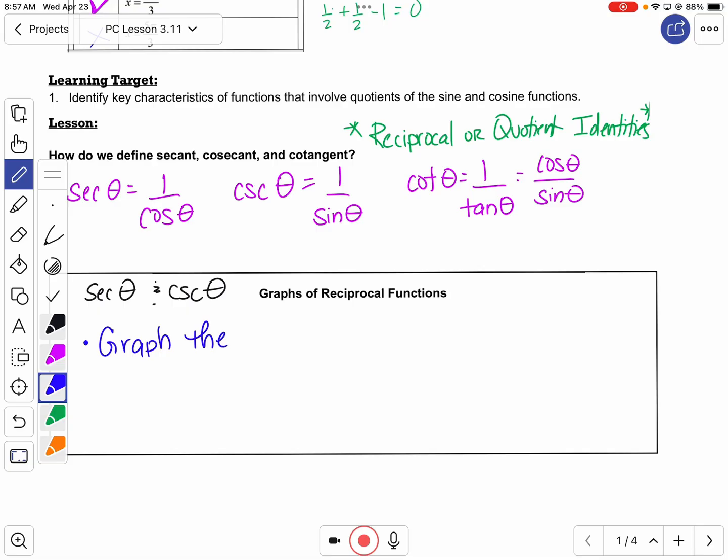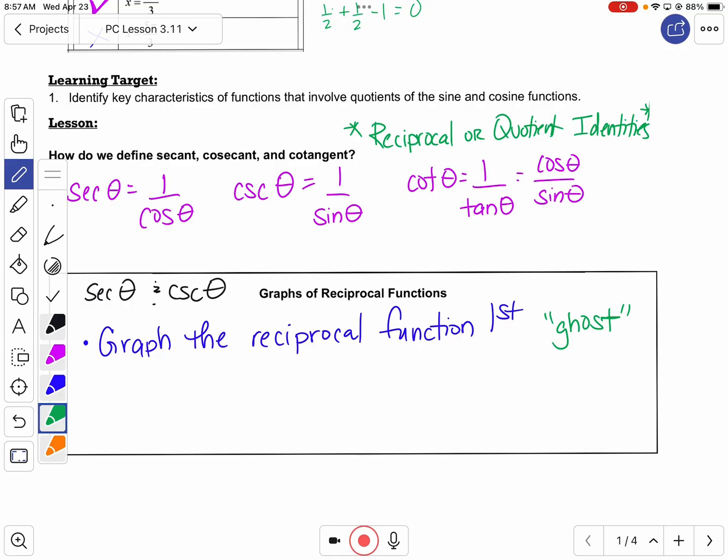That's the graph that we know, which would be cosine or sine. I refer to that as your ghost function. We use it to guide our graph, but it's not really part of it.